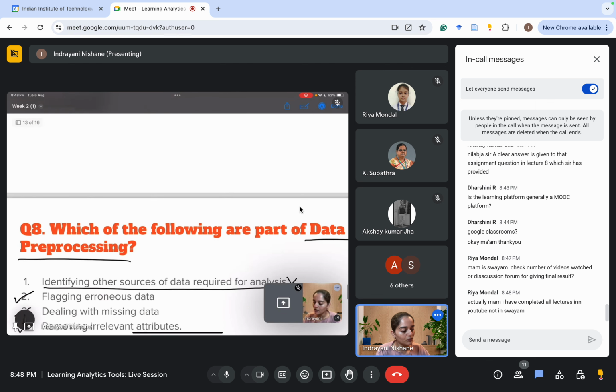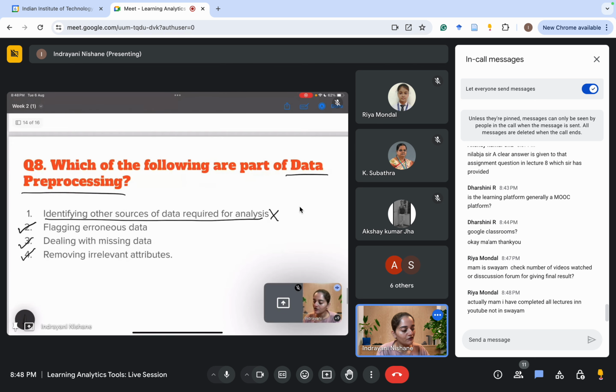Okay, moving on to question 8. Which of the following are part of data pre-processing? For this I had told you that data pre-processing is something which happens after you have planned and conducted the data collection, and before you start the data analysis.